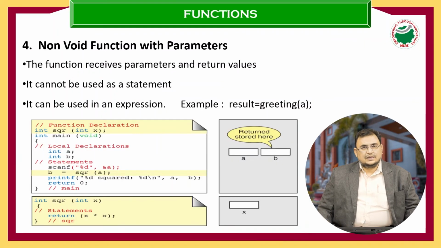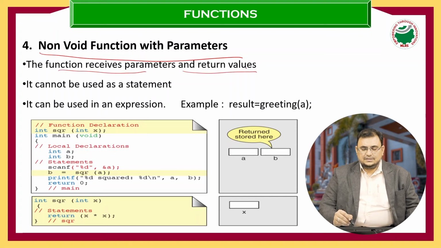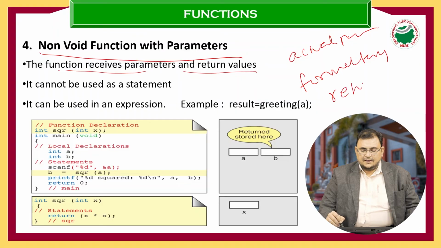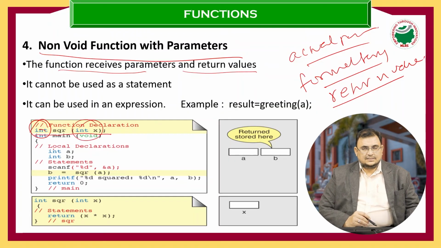And coming to the fourth case, non-void function with parameters. The function receives parameters and returns values, meaning we have actual parameters, formal parameters, and a return value. All are there. See, here the function is sqr. The return type is integer and the parameter you are going to pass is x.